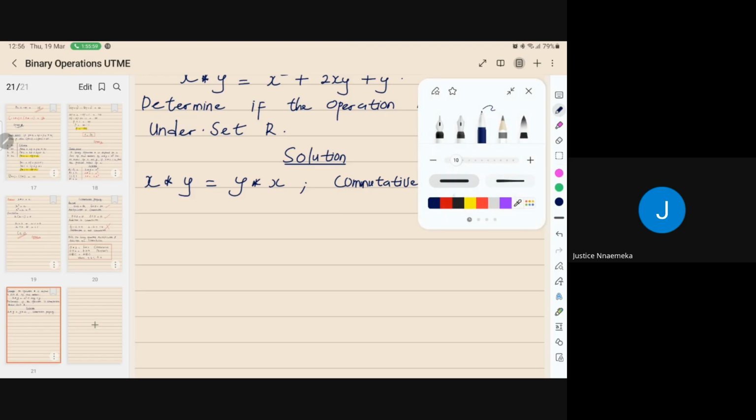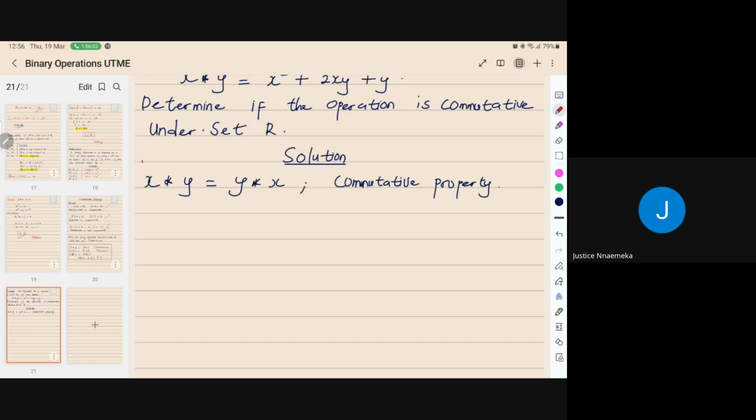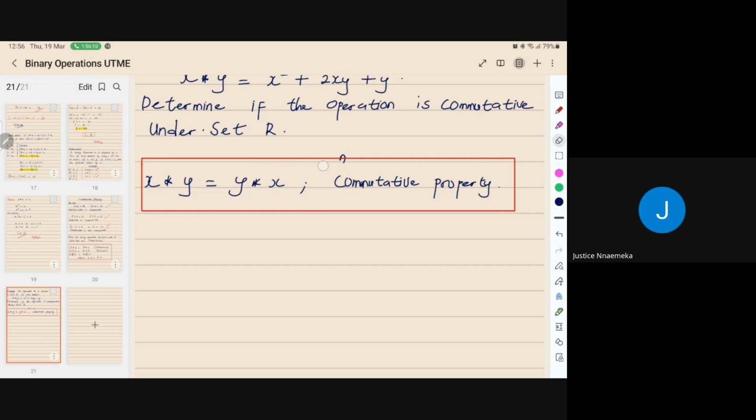All right. So this is what we agreed on to be our commutative property. Okay, so let's check.